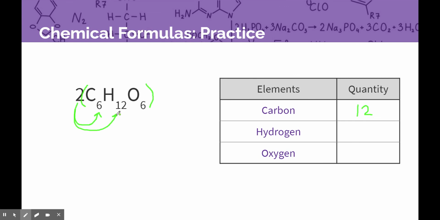We'll take the coefficient and multiply by this subscript to find out how many hydrogens we have. 12 times 2 is 24. And again, we'll take the coefficient, multiply it by the subscript 6 to find out how many oxygens we have, and 6 times 2 is 12. And that's all there is to it.